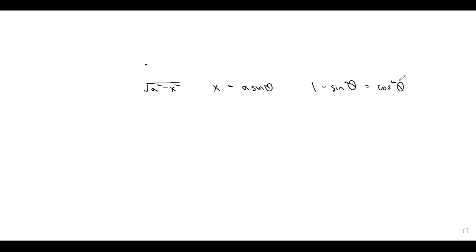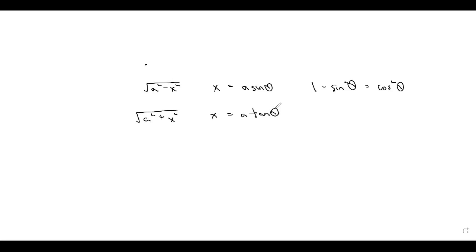Then it says to rewrite the radical as a cos theta, but I don't find that particular column helpful because the question's going to unfold in that direction regardless. So this is what you do when there's a minus sign. When there's a plus sign, so the square root of a squared plus x squared, you use x equals a tan theta.